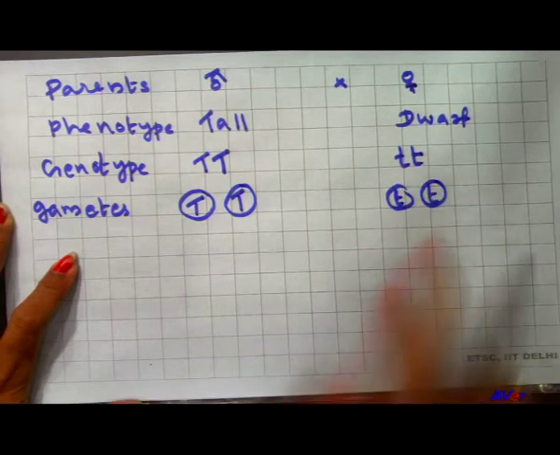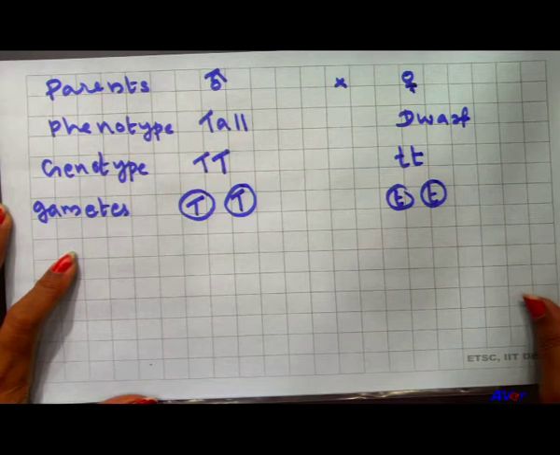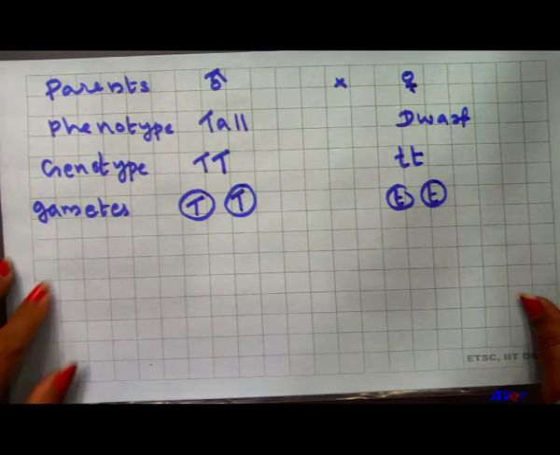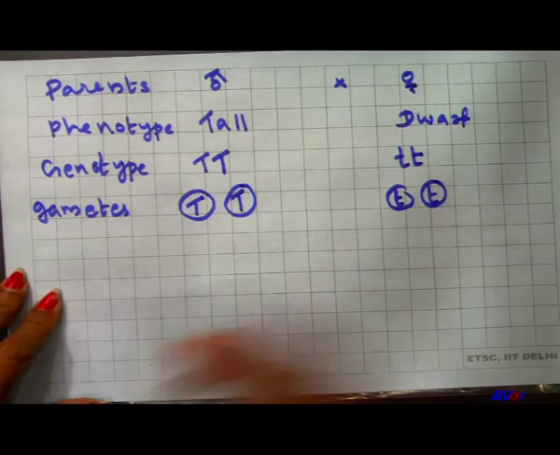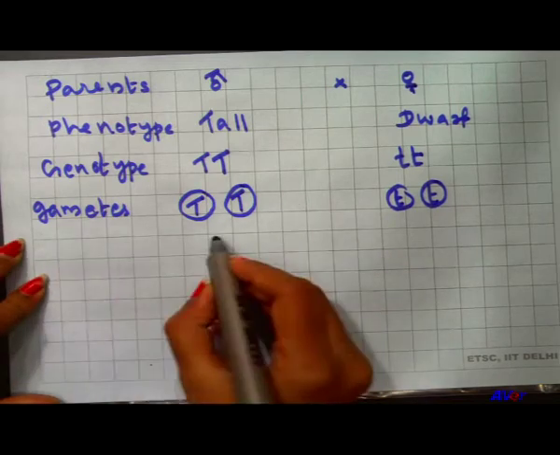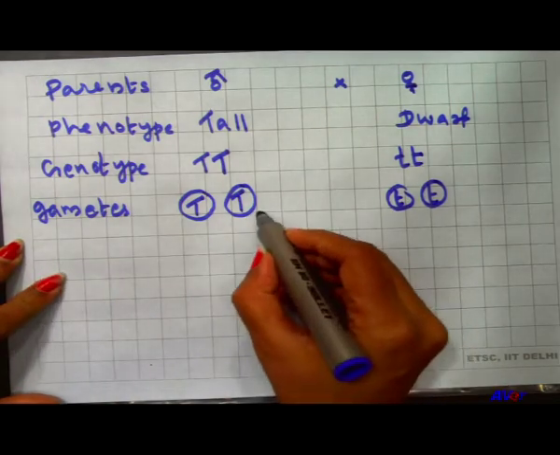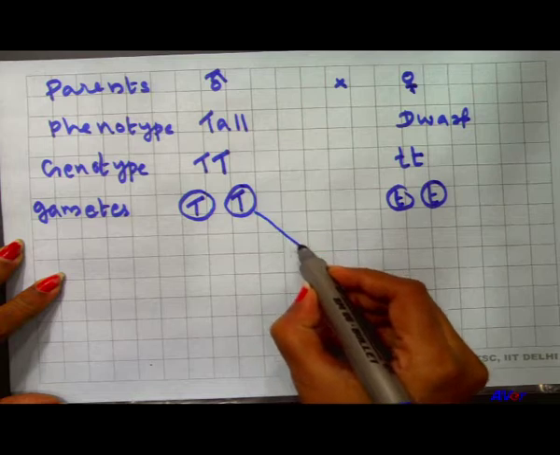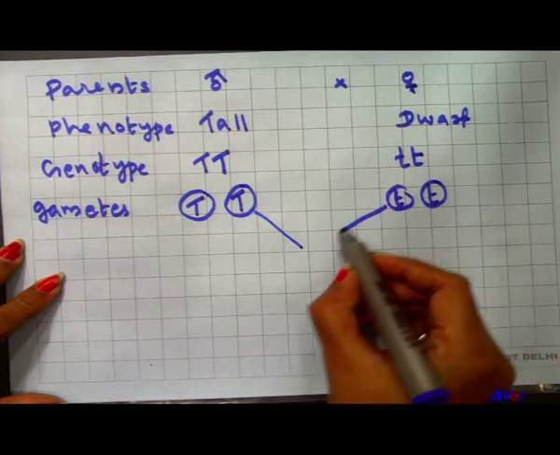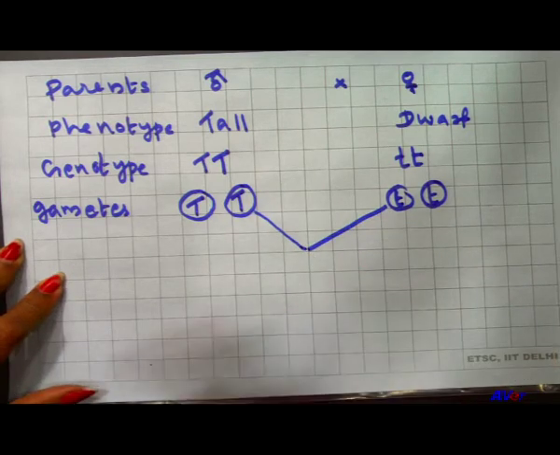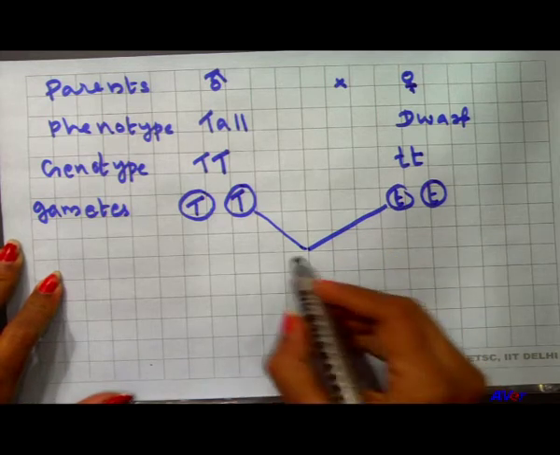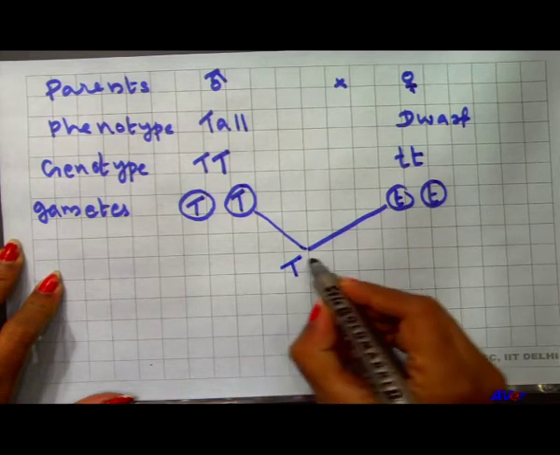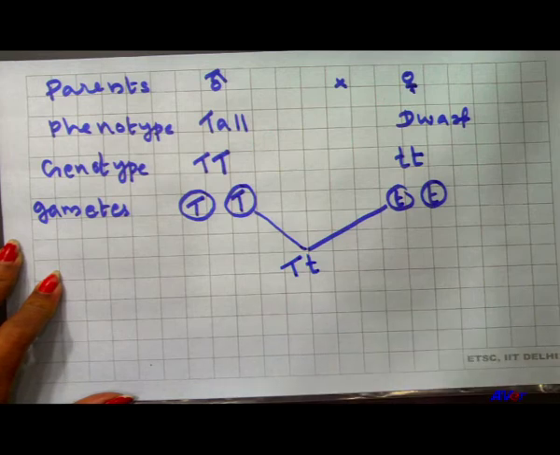So, when you are writing these gametes, care must be taken to write it in circle. Then coming to the selfing, capital T gamete fuses with small t gamete. We will get capital T, small t alleles together.